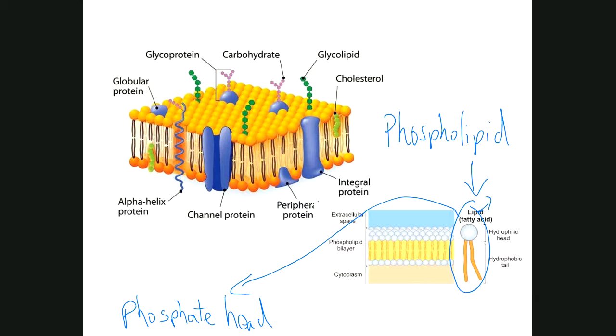What that means is that it can bind and interact with water, and it's got a fatty acid tail, this part here, and that's a hydrophobic tail. Hydrophobic means that it only interacts with molecules that are not water. It can't interact with water.